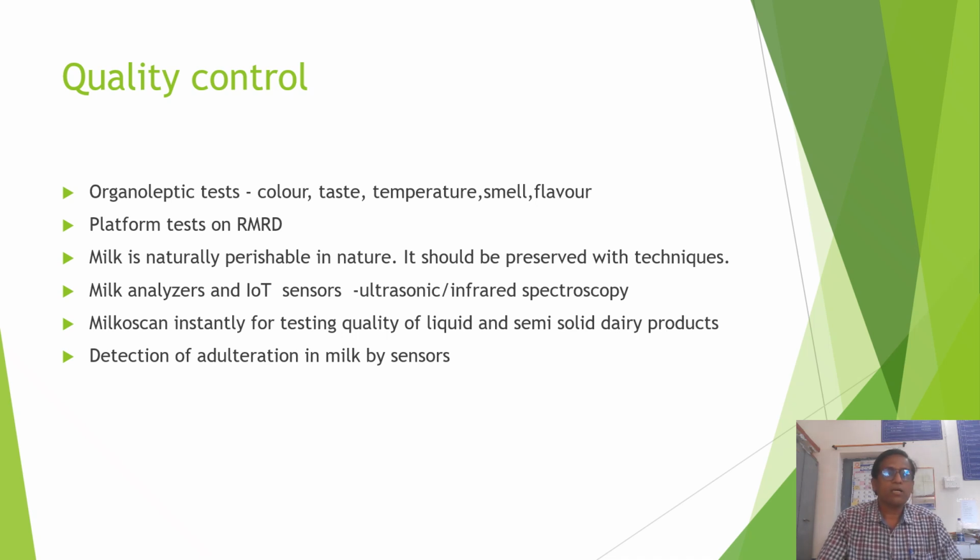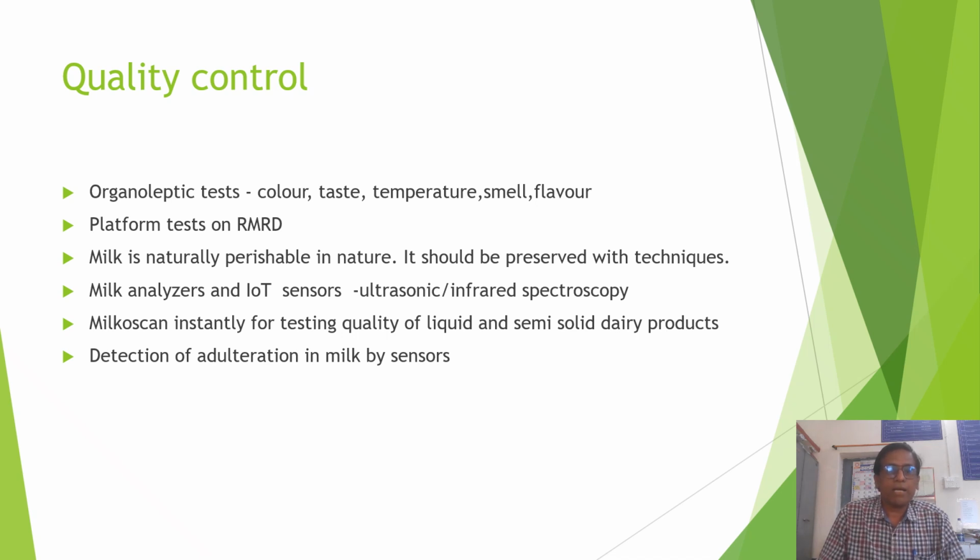While discussing quality control, it depends upon various tests for collection of milk and for selection of milk at a proper place. There are various tests which are conducted. These are known as organoleptic tests in the traditional process: on the basis of color, taste, temperature and smell of milk, and by tasting the flavor of milk, we can accept or reject the quality of milk.